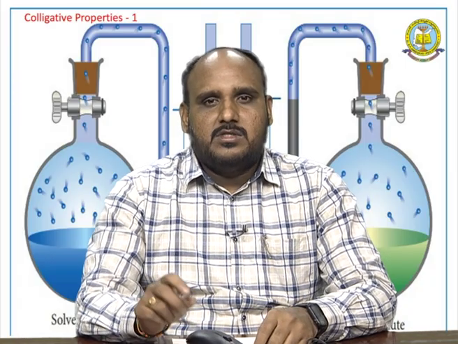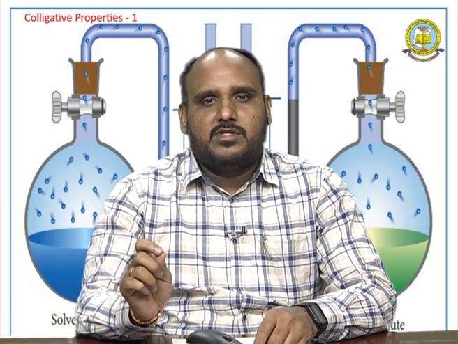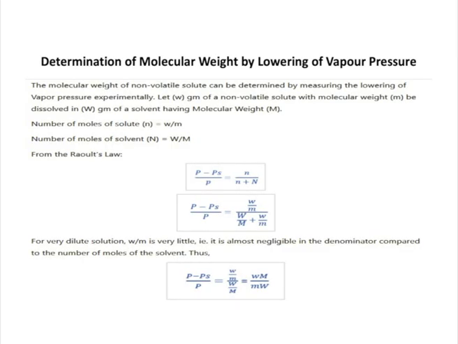So, that becomes the number of moles of solute divided by the total number of moles of solution. That is denoted by (P - Ps)/P, where P is the pure solvent vapor pressure and Ps is the solution's vapor pressure, which is equal to the number of moles.